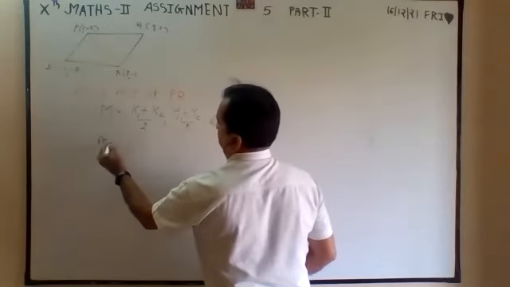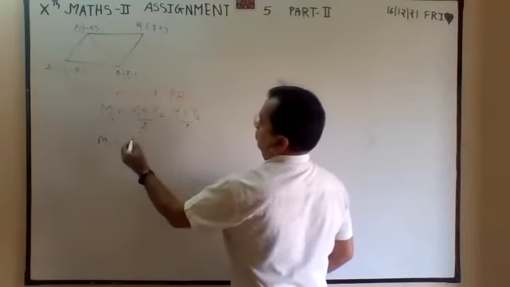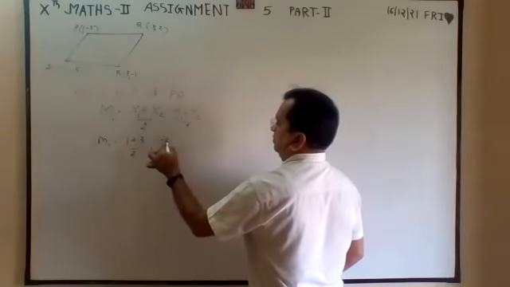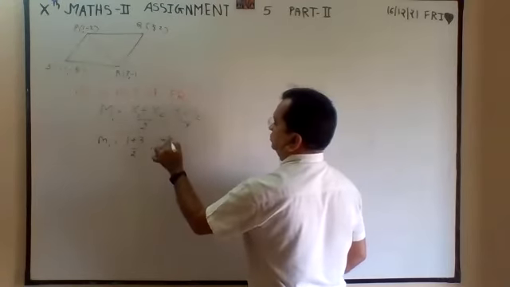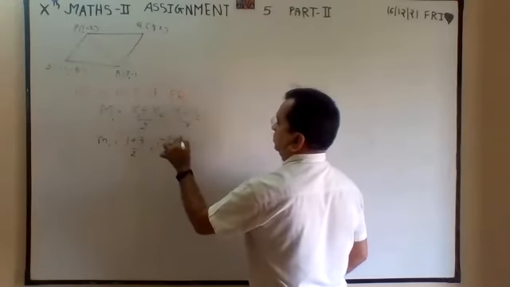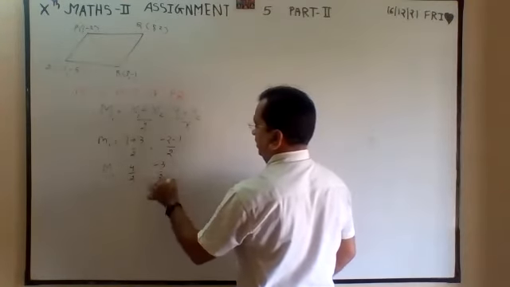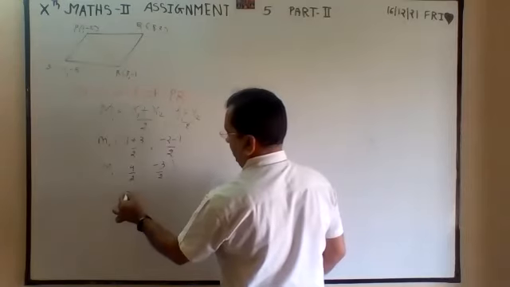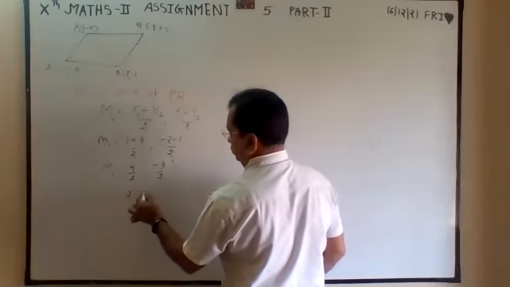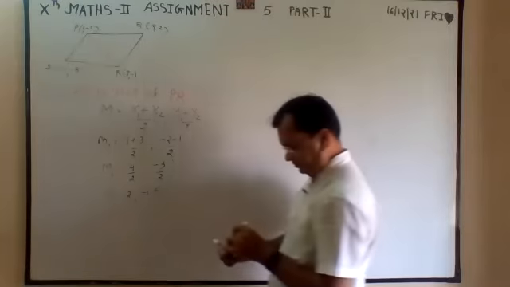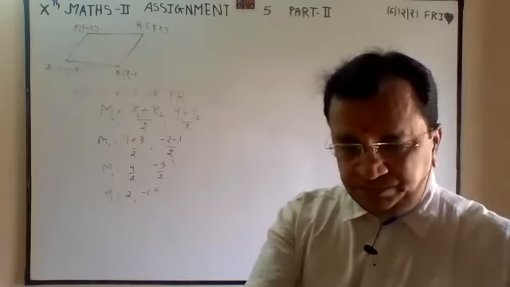So M1 is (1 plus 3) divided by 2, (minus 2 minus 1) divided by 2. So M1 is 4 divided by 2, minus 3 divided by 2. Make it half. So (2, minus 1.5). That is M1.